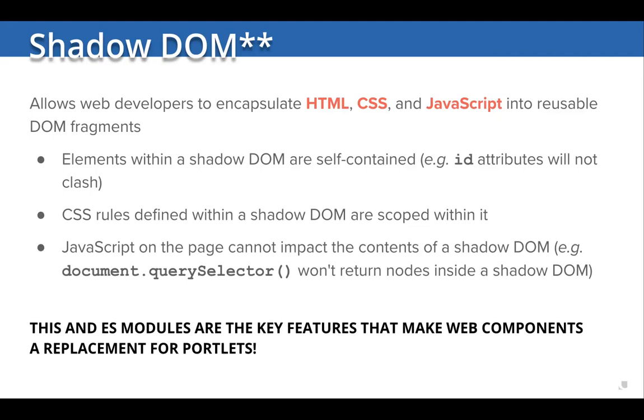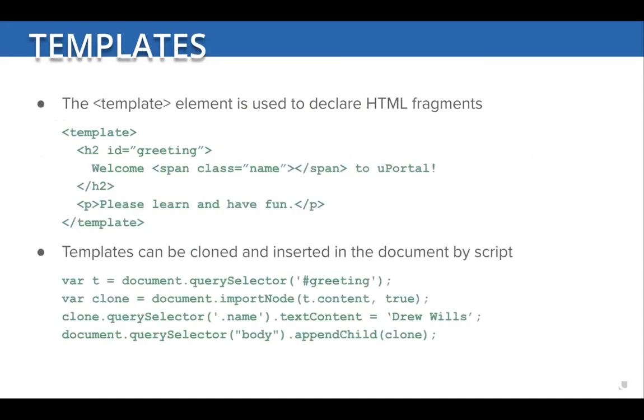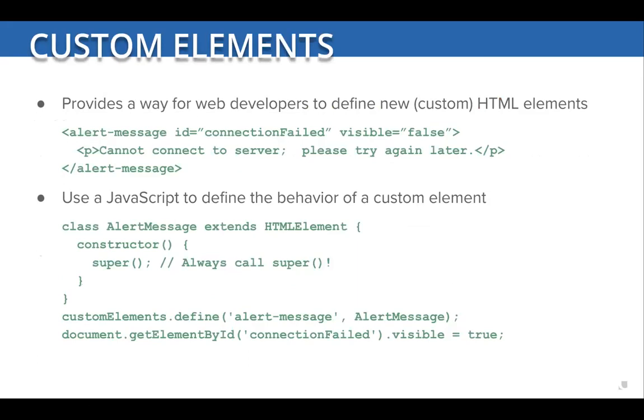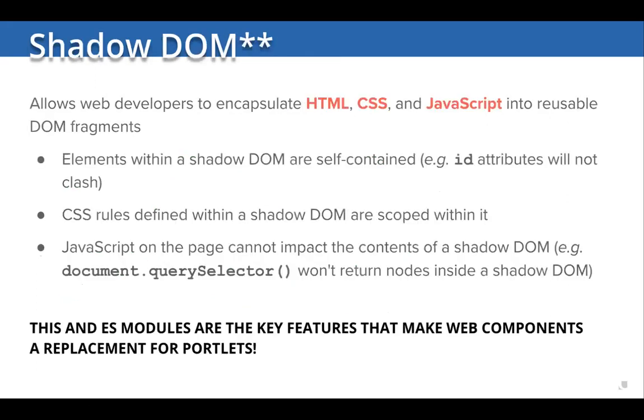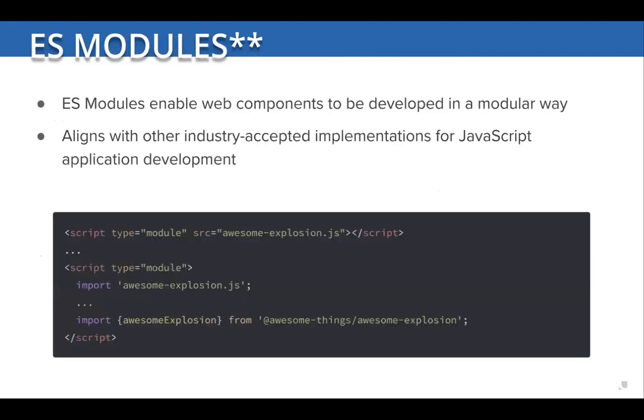So you can go ahead and reuse the name like greeting in your web component, and it's being isolated versus someone else using the exact same ID, because IDs are supposed to be unique across a page. When you're getting content from disparate sources, you just can't guarantee that. Okay. And again, there are ways to pierce that if you need to, but it's going to be an explicit effort to reach into a shadow DOM.